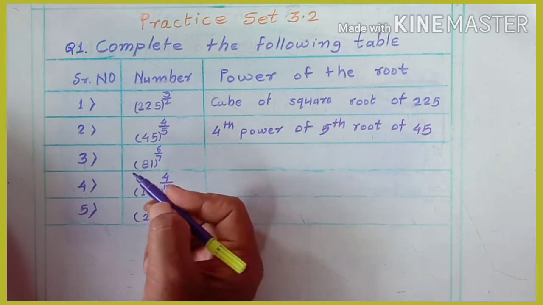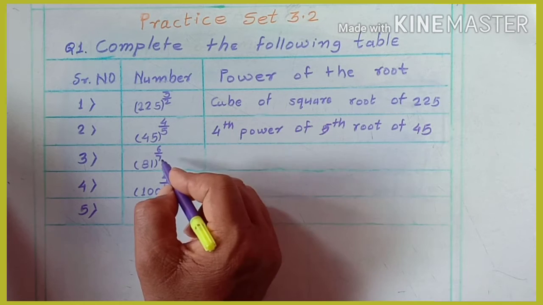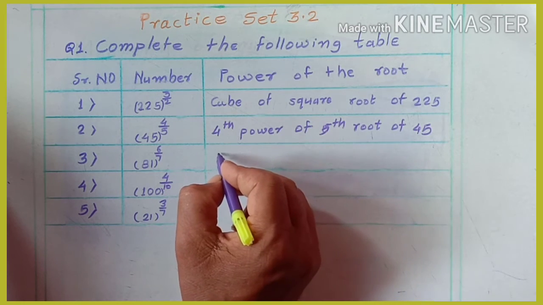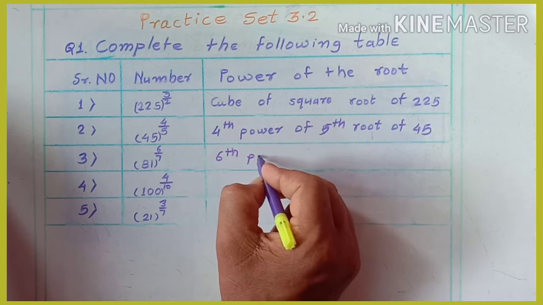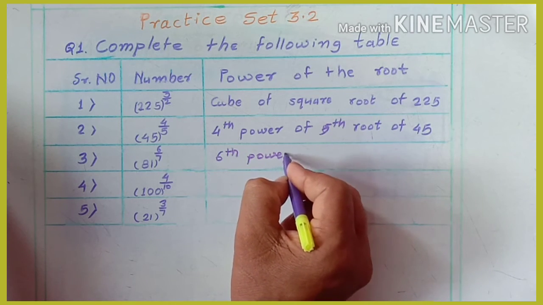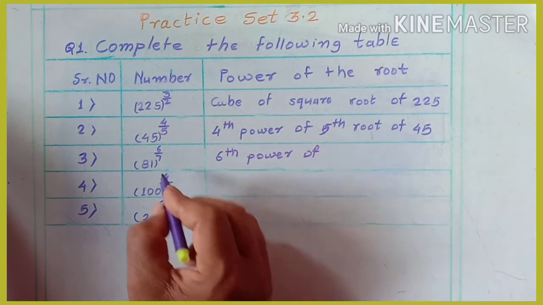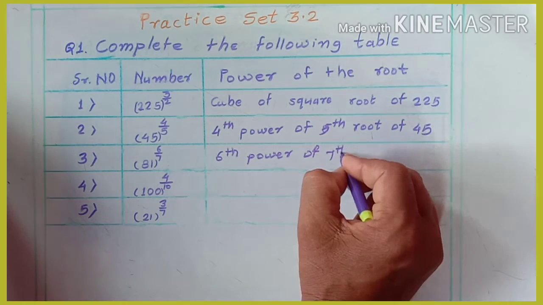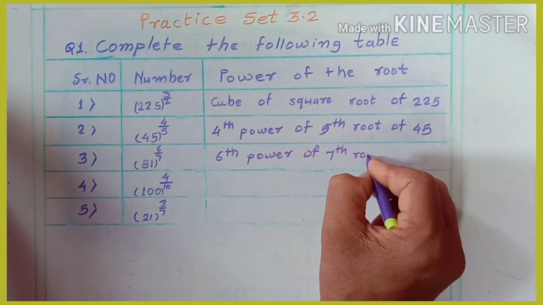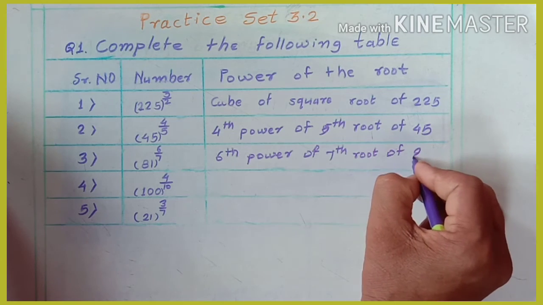Example 3: 81 raised to 6 upon 7. Answer is sixth power of seventh root of 81.